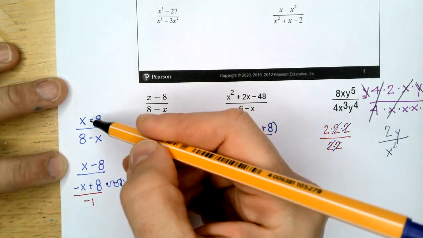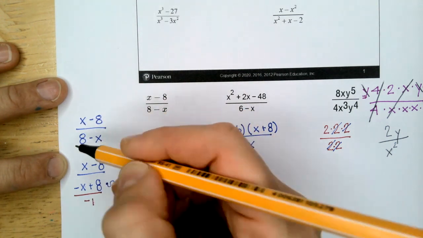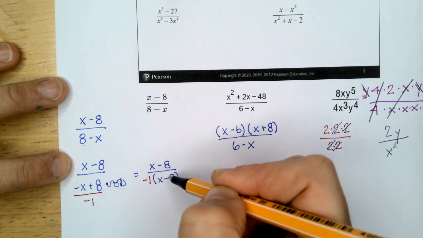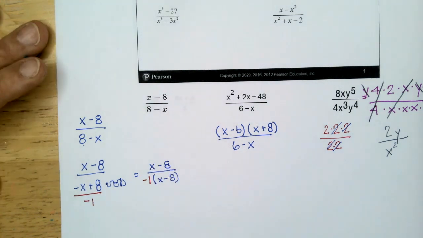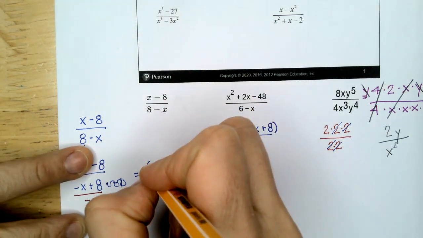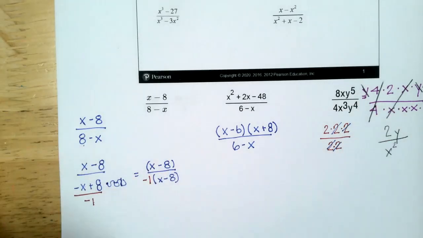They used to have opposite signs. The x was positive, the x is negative, the 8 is negative, the 8 is positive, but I factored out a negative 1. Now I can cancel. If you have the exact same factor on the top and on the bottom, just like 4 and 4, you can cancel it.